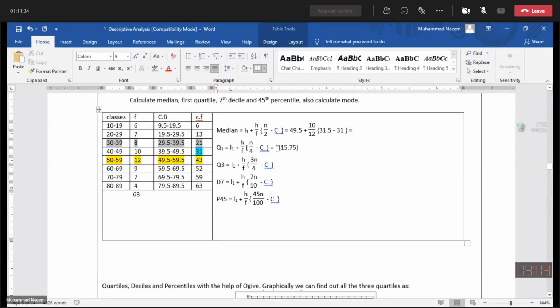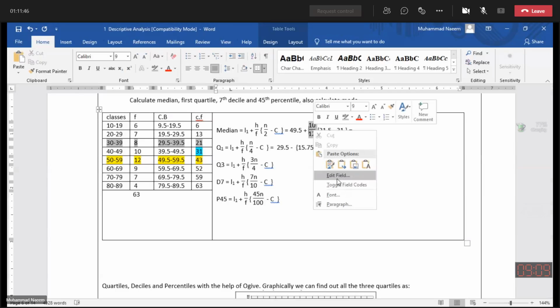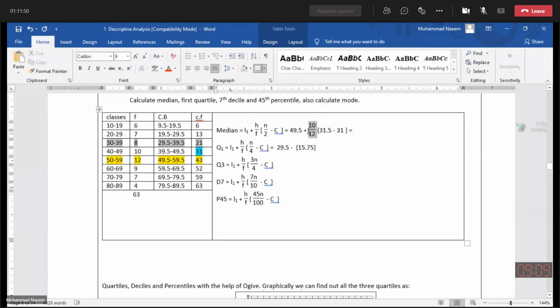Now easily we can trace out the other values. 29.5, the value of L1. What is the value of H and F in this case? The value of H remains same because all the class intervals are the same.